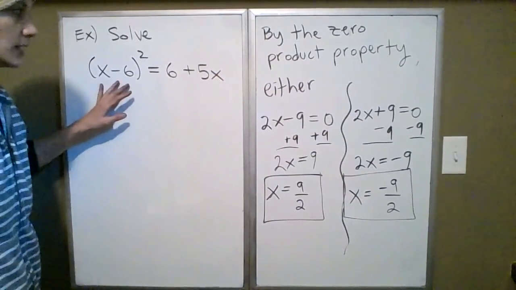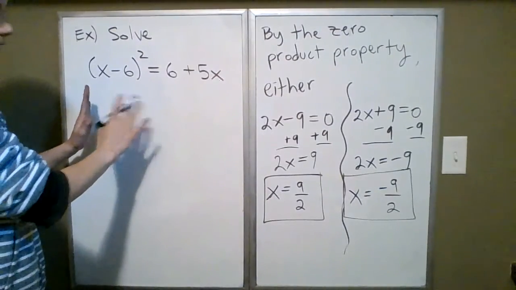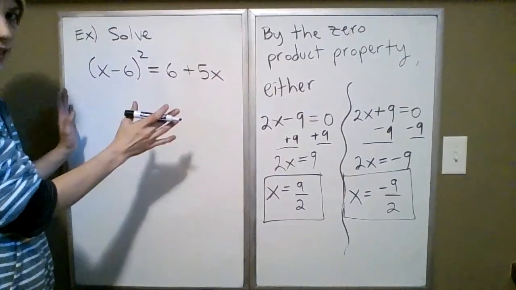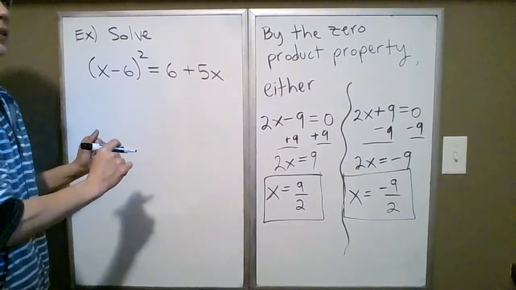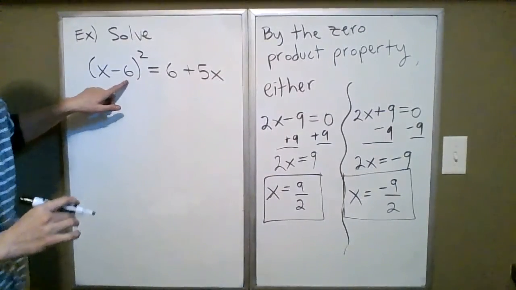Okay. Part of what we need to do is get this set equal to 0. We also want to expand the expression so that we can then combine like terms. So I'm going to start with expanding. We're going to multiply out this side.